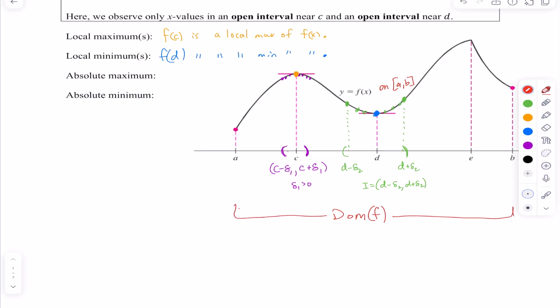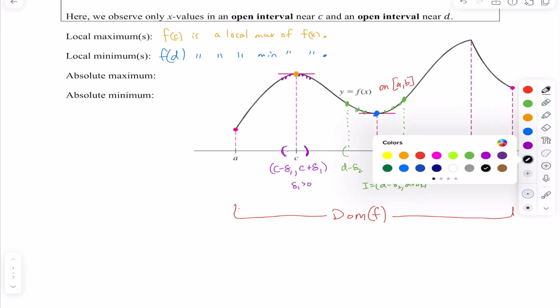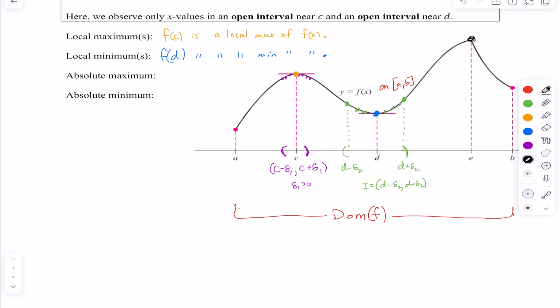So when we talk about absolute, you must investigate the entire domain and make all the comparisons there. Notice the highest point is right here compared to all the other y values, and that becomes the absolute max. So f of e is the absolute max for the function.